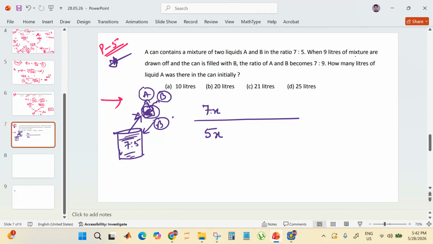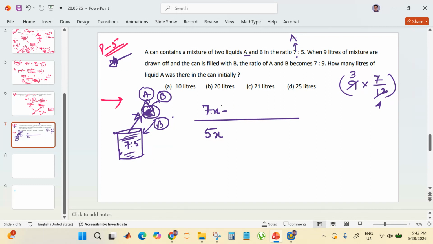Actually, 9 liters of the mixture is drawn off, right? So inside the 9 liters, what is the amount of A? It is 7 by 12, because 7 is for A. So 7 by 12 is the ratio for A, and out of 9 liters, if I take 3, then it is 21 by 4.